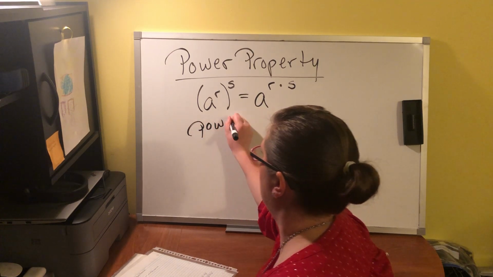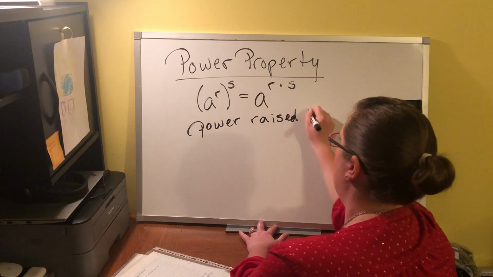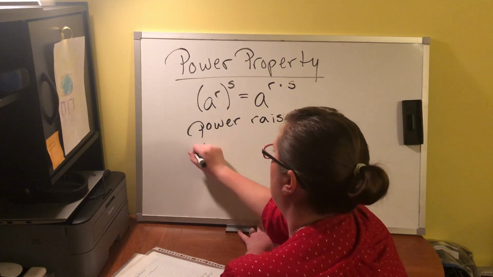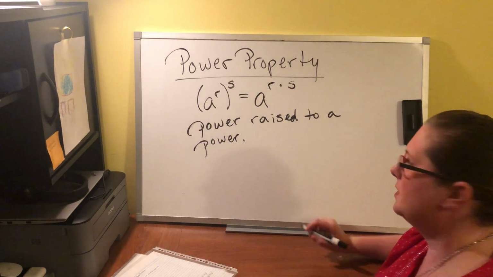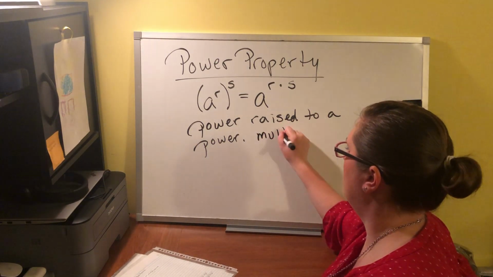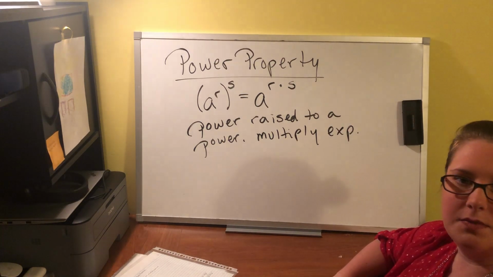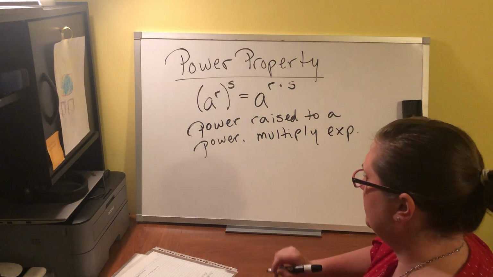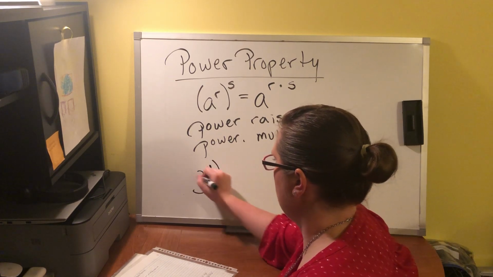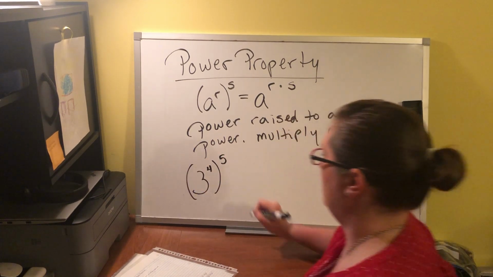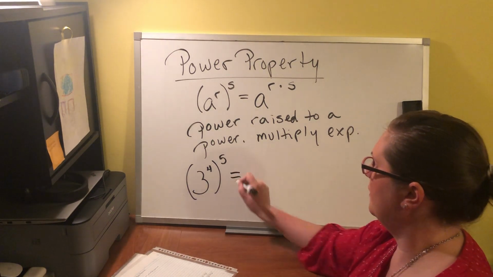So I'll write that down. Power raised to a power, okay? Power raised to a power, you multiply the exponents, okay? So let's go ahead and see an example. Let's look at 3 to the 4th raised to the 5th.